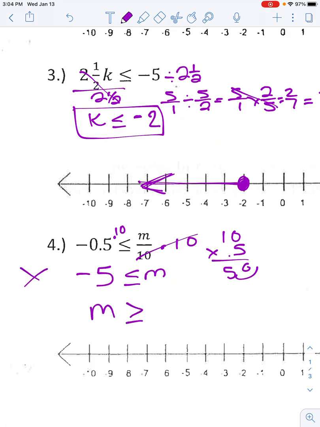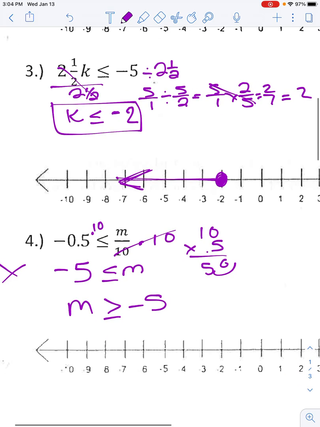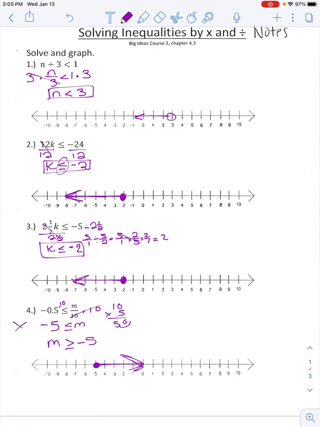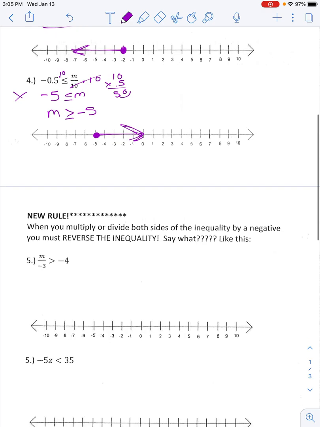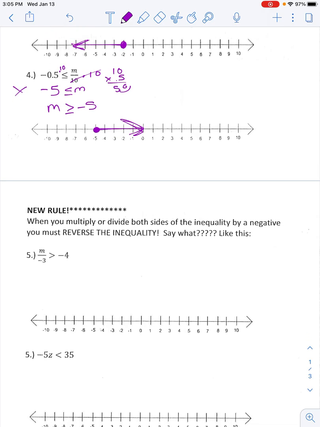And it's going to be a negative 5. And again, we do not leave it like that. Flip it. Everything gets flipped. So m is greater than or equal to negative 5, which means it's a closed circle because I'm including negative 5 in my answer, and it's pointing to the right. It's all numbers greater than or equal to negative 5. Okay, so that's kind of review.